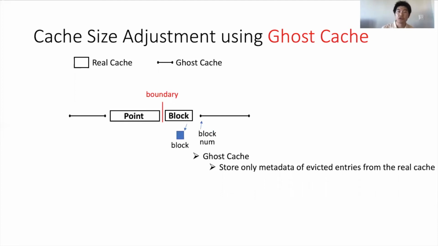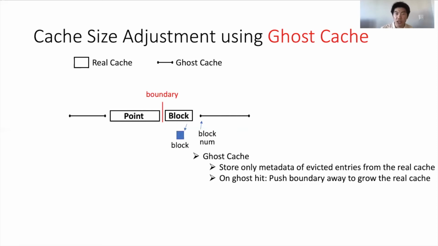This keeps a record of recently evicted items, so that if there is later an access to this particular block, we know that we made a wrong decision to evict it, because if this block were in the cache, it would be a hit by this time. So in this case, we want the block cache to be larger so that this block will not be evicted, and this time it will be a hit.